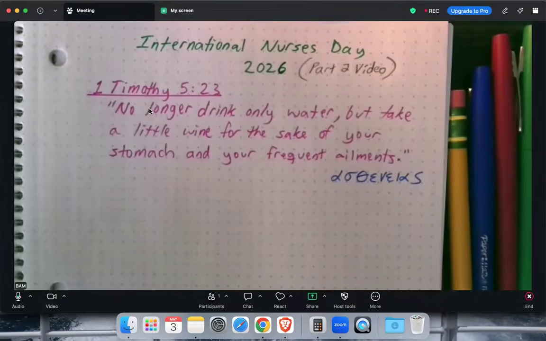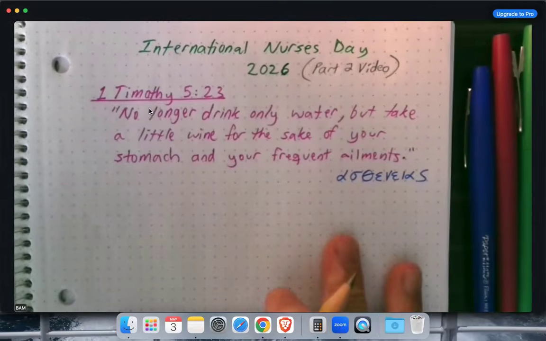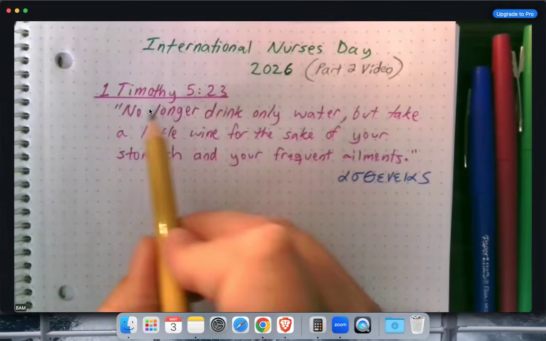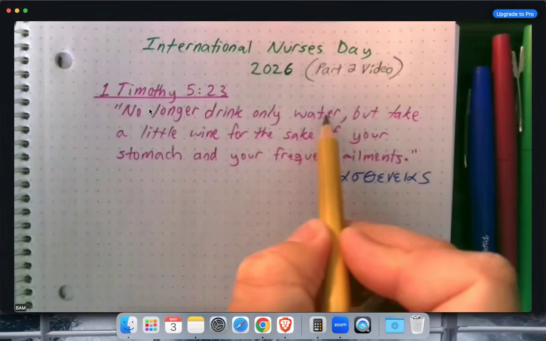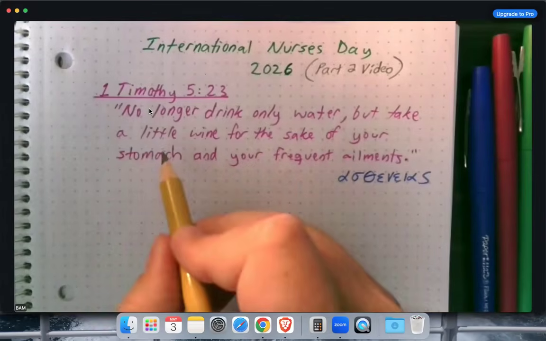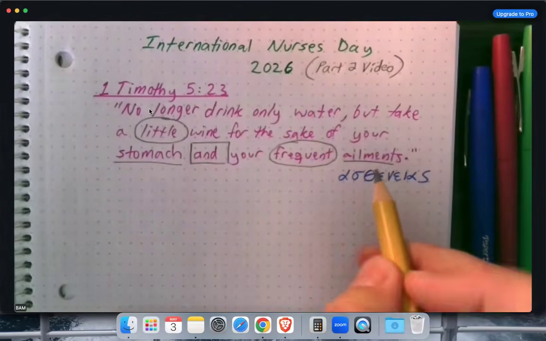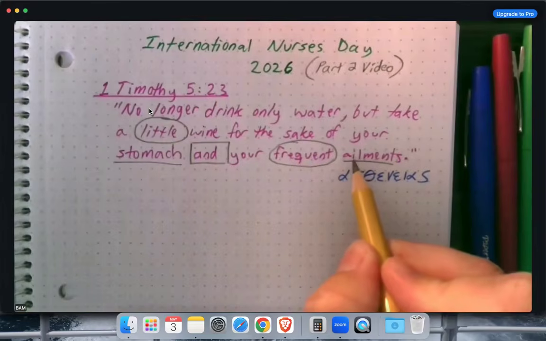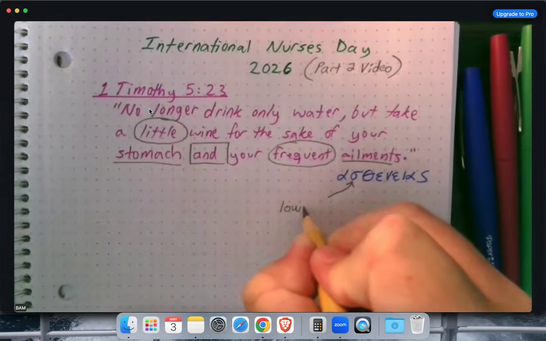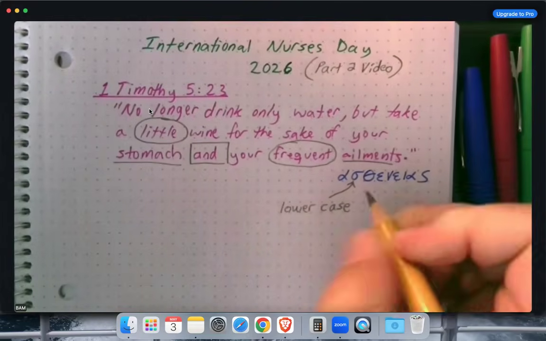So this is Bible Action Math, and we usually have a Bible verse, 1 Timothy 5:23: "No longer drink only water, but take a little wine for the sake of your stomach and your frequent ailments." Now, back in the original language, Asthenaeus, this letter right here is a lowercase regular sigma.